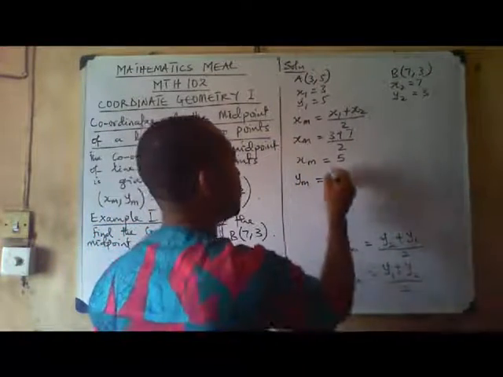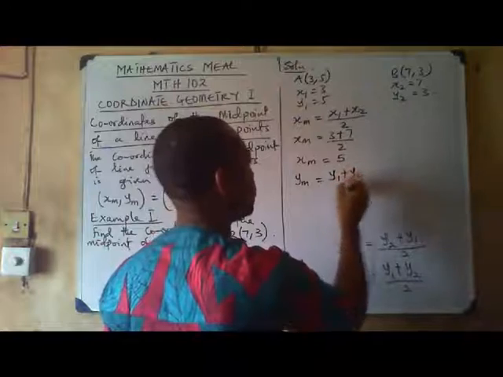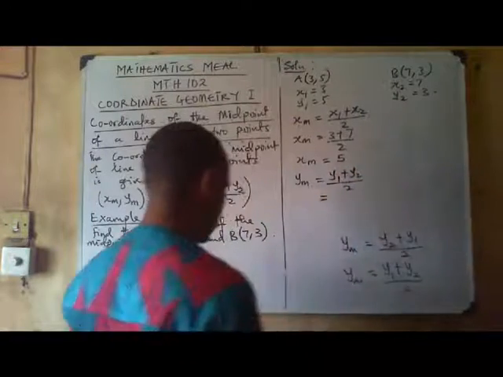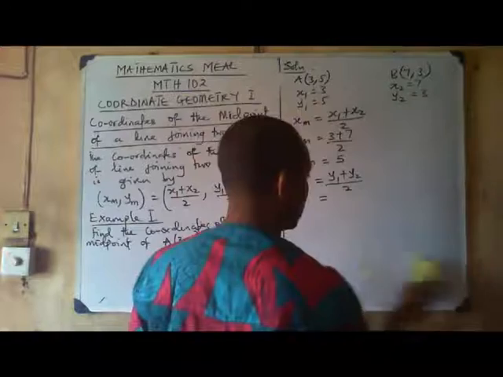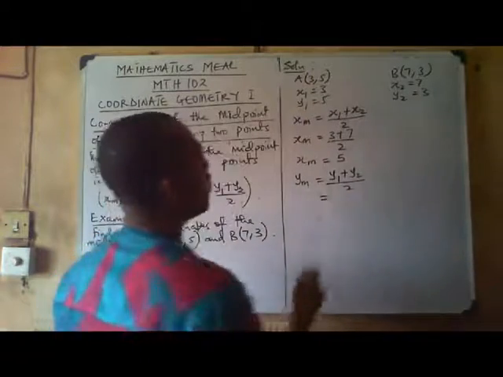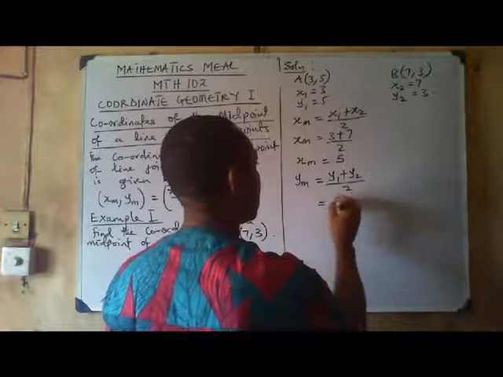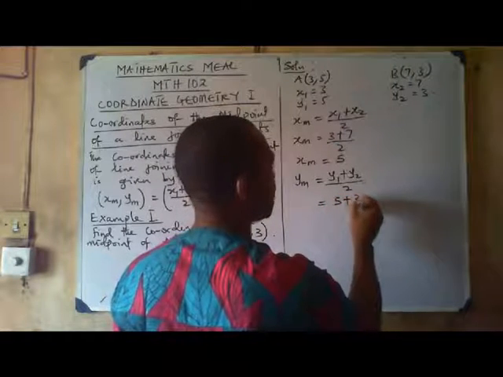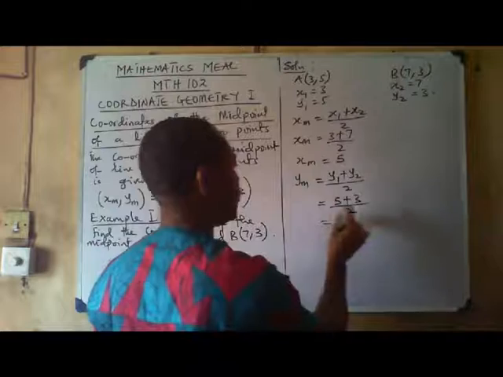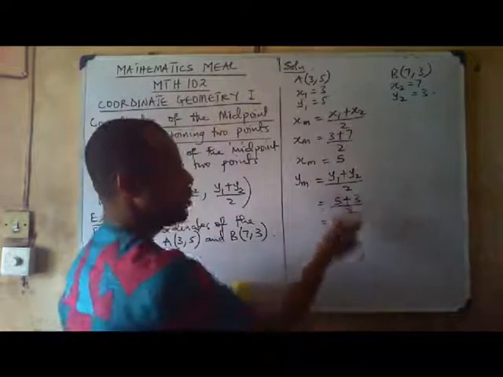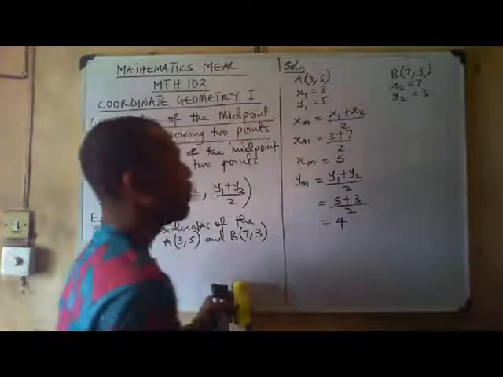Then we do the same for ym. ym is y1 plus y2 divided by 2. y1 is 5 plus y2 is 3, divided by 2. 5 plus 3 is 8, and 8 divided by 2 is 4.